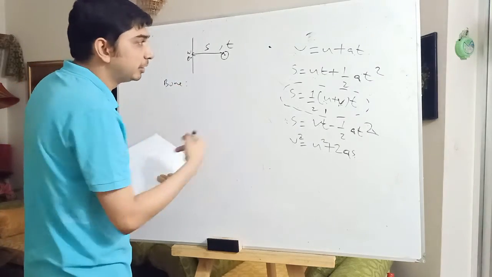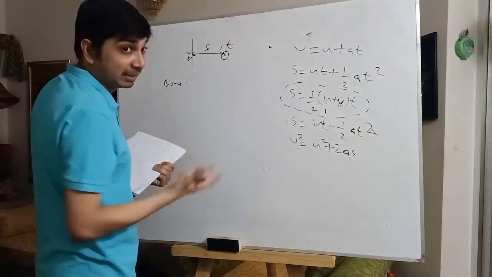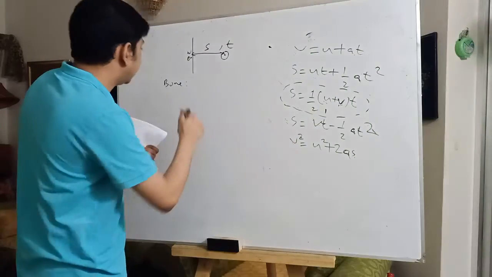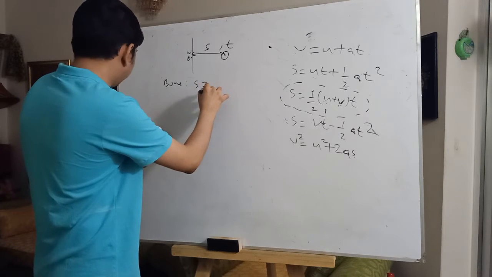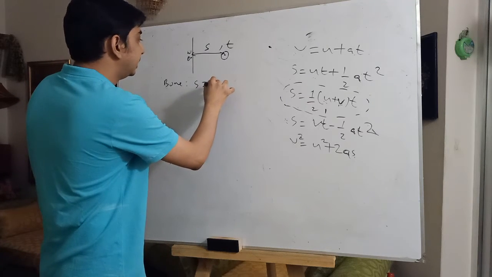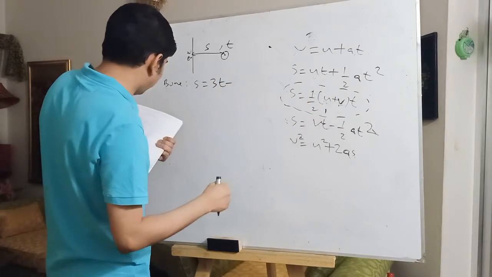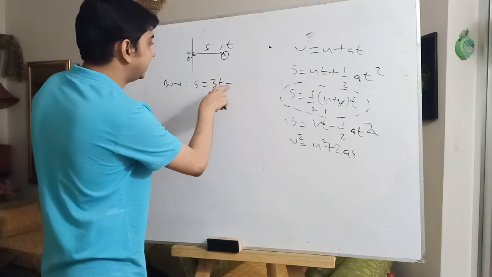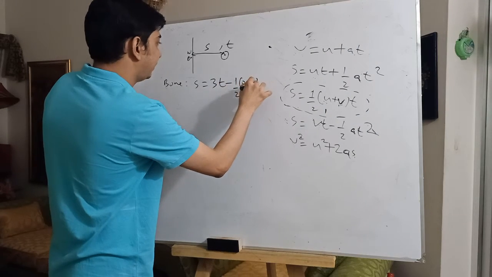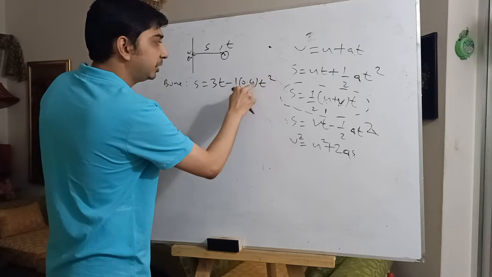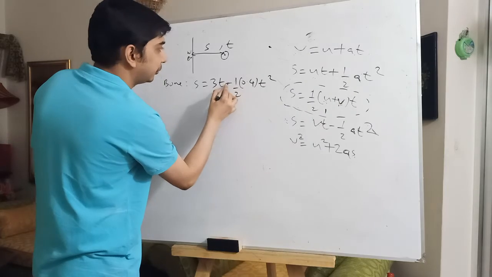Okay, so for the bone, let's use the formula S equal to ut plus half at square. Why? Because we don't know the final velocity actually. So S is equal to, for the bone, the initial velocity is 3, so 3t, and half A, where the value of A is minus 0.4 since it's deceleration, so I am putting the minus outside.